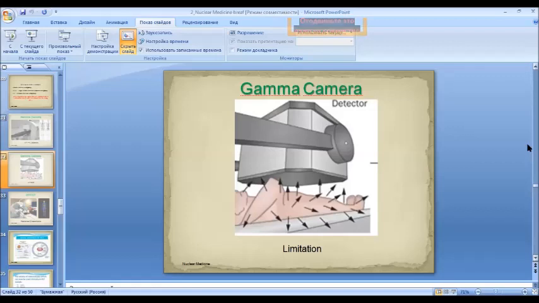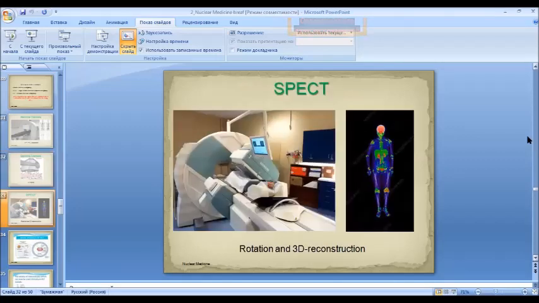The fact is that radiation spreads in all directions, and some part of radioactive beams may avoid the detector if it is placed only in anterior-posterior projections. And of course, it will influence the quality of imaging.